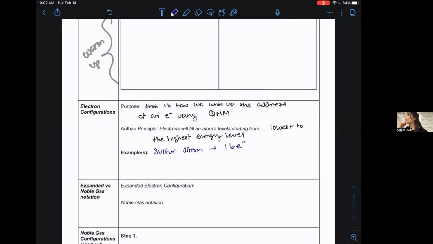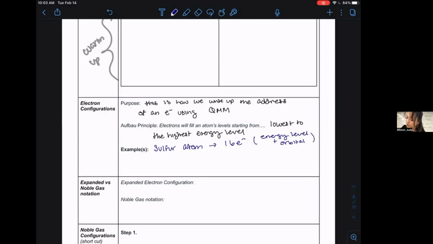So I need to figure out where all 16 of those electrons go according to energy level, or principal quantum number if you want to get really specific, and orbital.